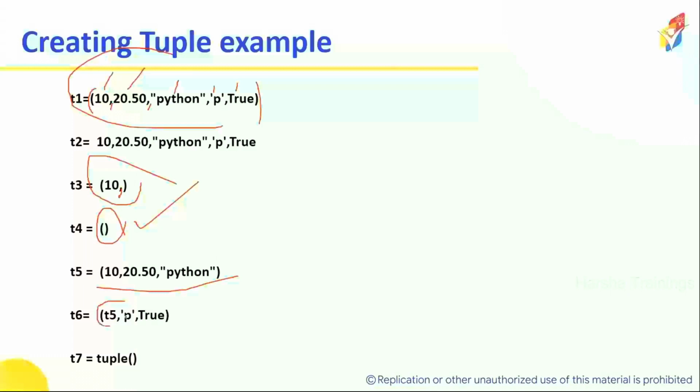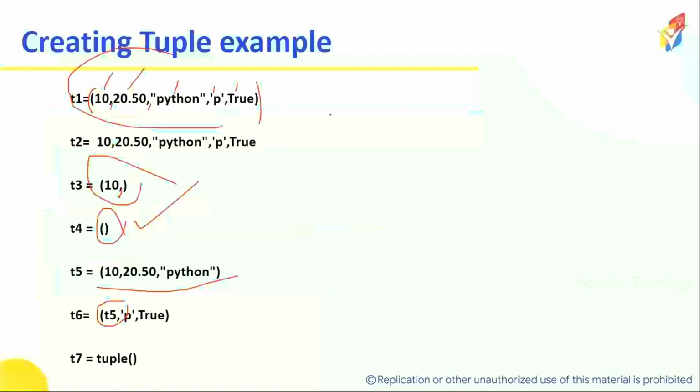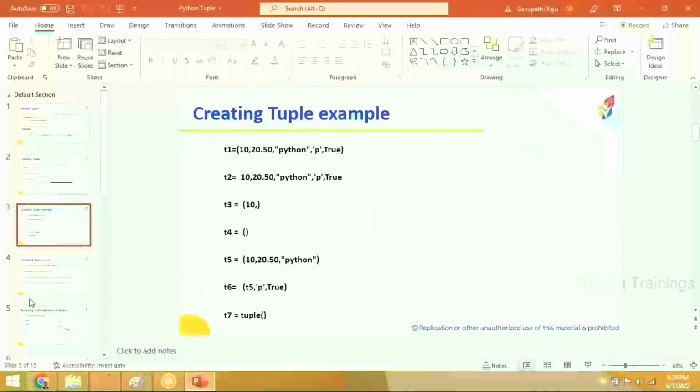Here, T5 is a nested tuple. One important point is, if a tuple isn't enclosed in parentheses, still it is considered a tuple. Here I have not given parentheses, still it is considered a tuple. Will you agree? Shall I demonstrate? Tuples can also be created with a built-in function called tuple. That's it. Now let me demonstrate them in the Jupyter notebook.